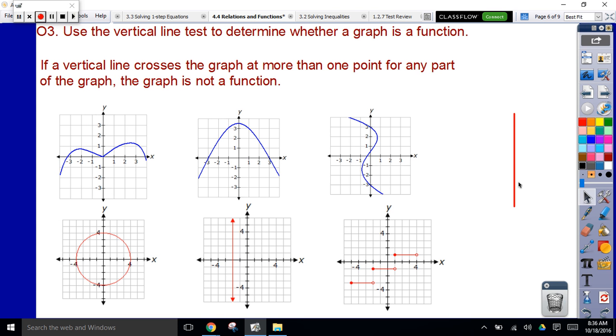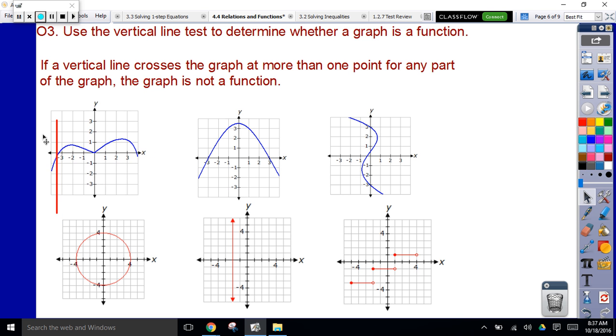If we were to take a vertical line, I guess this is movable, and take it across the graph like this, it's not going to touch the graph in more than one place at any given time, because if it did, that x value would have two y values. So I can move this across here.